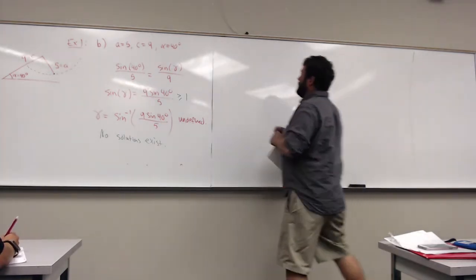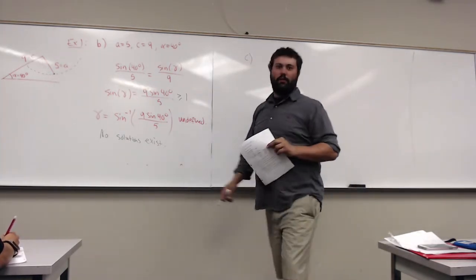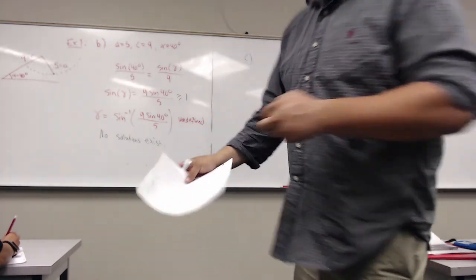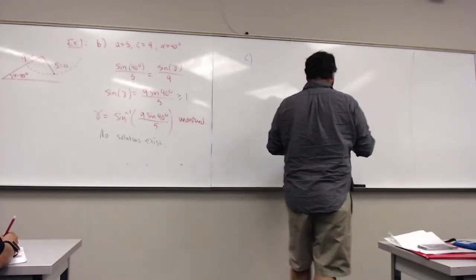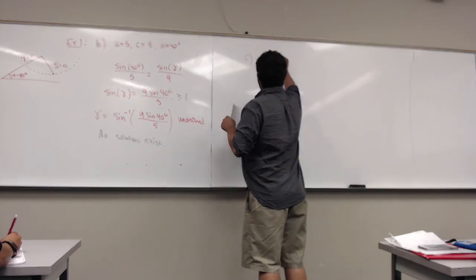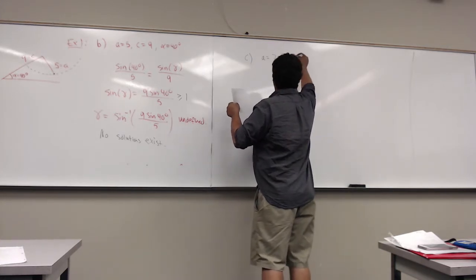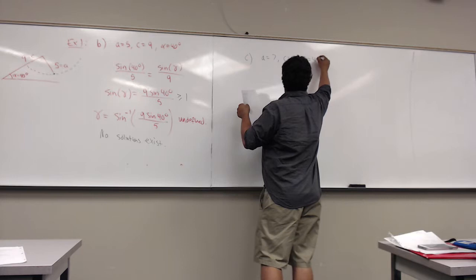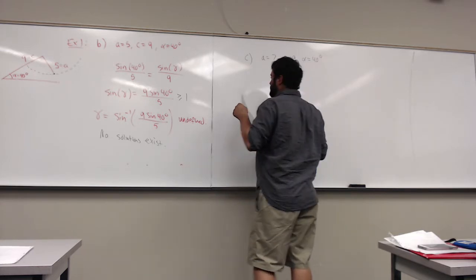And then part C. This time A equals 7, C equals 9, alpha still 40 degrees.